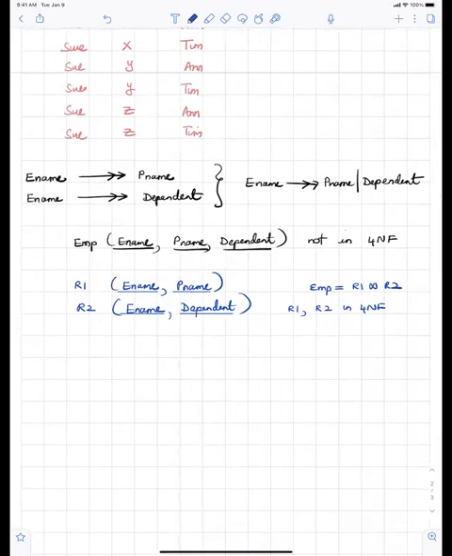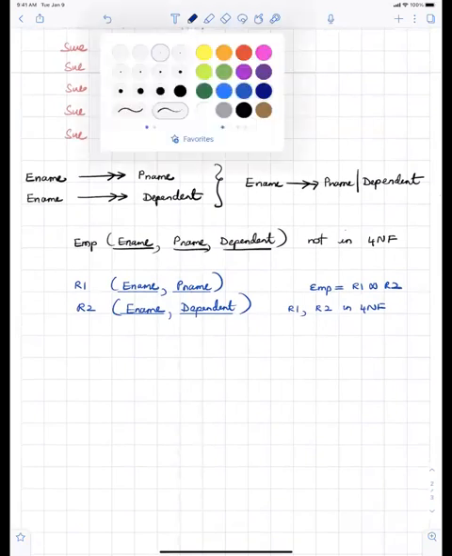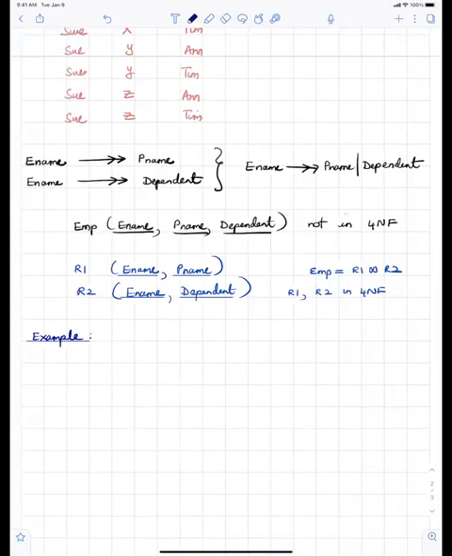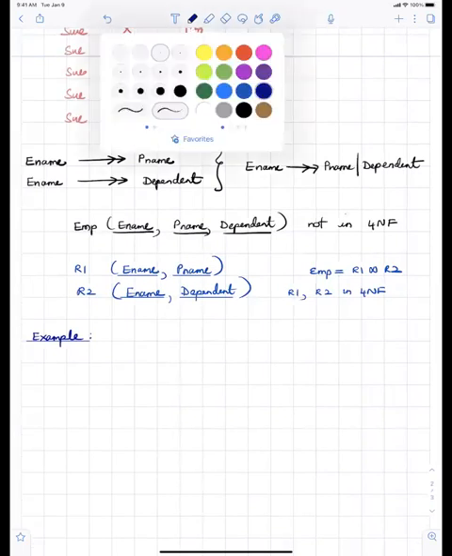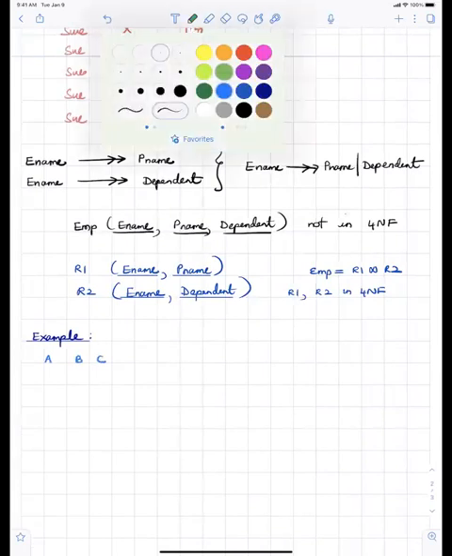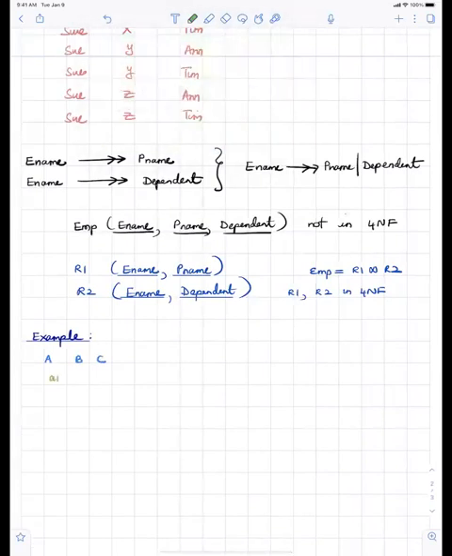So I'm going to do a few examples of MVDs before I move on to the fourth normal form. I just want to make sure you get MVDs before we go further. Let's say we have this table ABC with the values A1, B1, and C1.